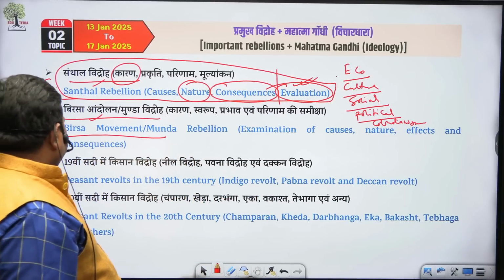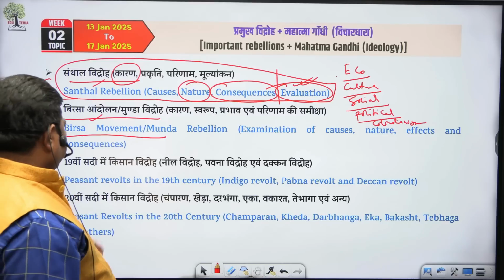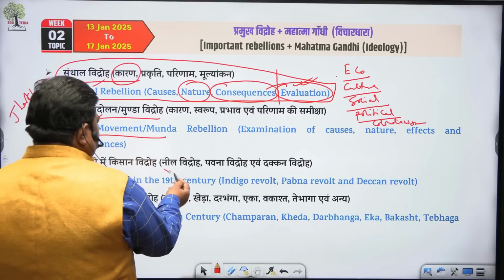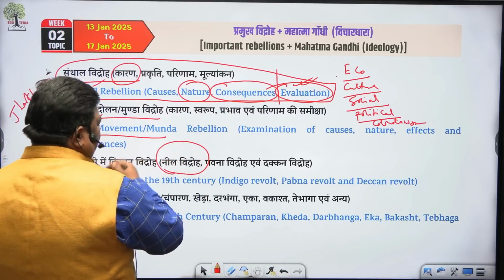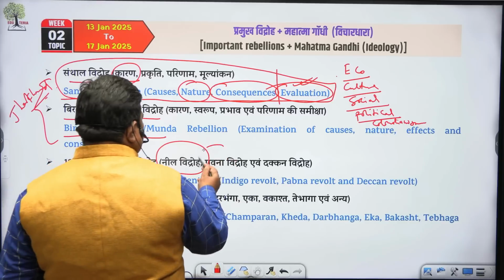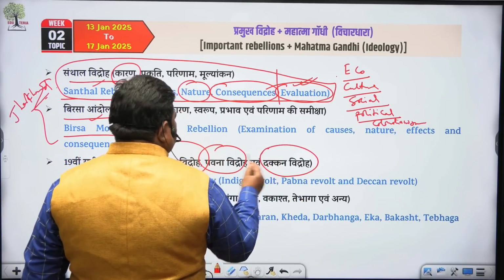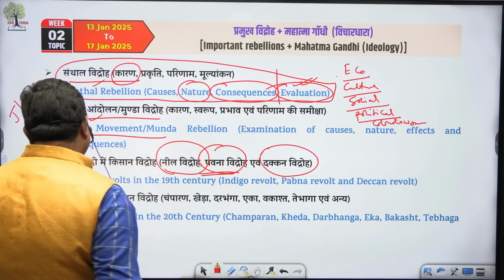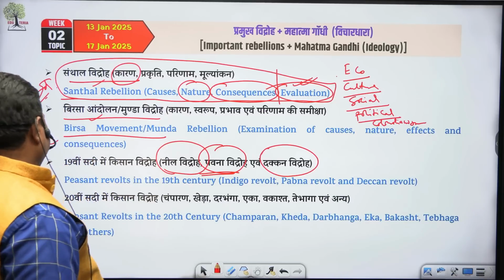another chapter, the freedom struggle. Generally, I have seen that they ask about the Indigo revolt in Bengal, then the Pabna revolt and the Deccan revolt. These are the three peasant revolts which are very important in the 19th century.